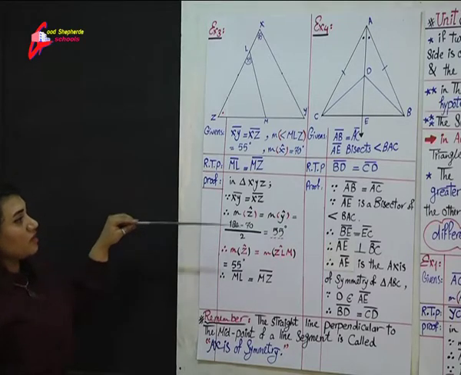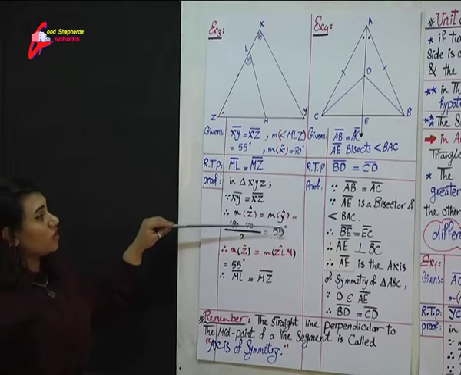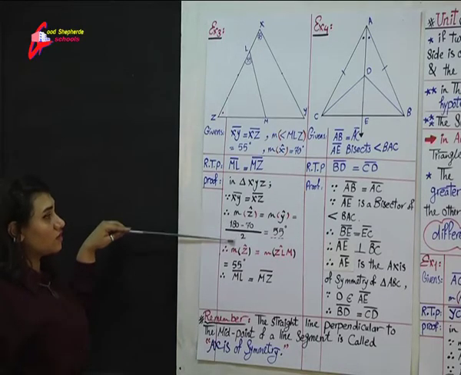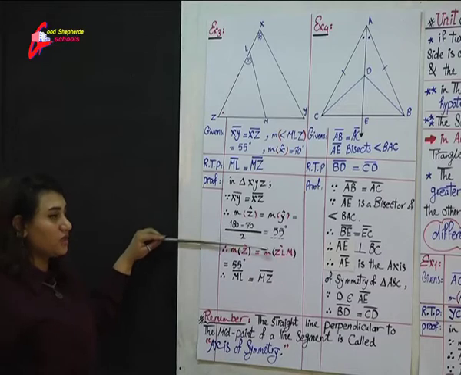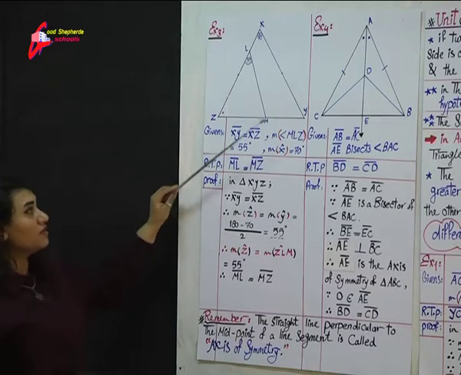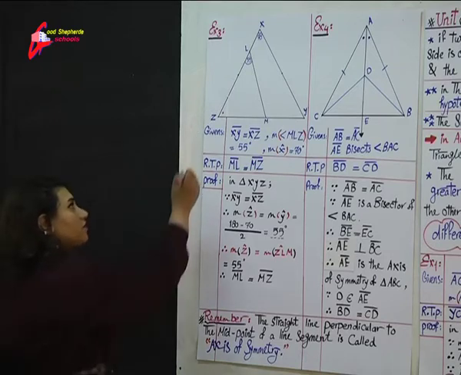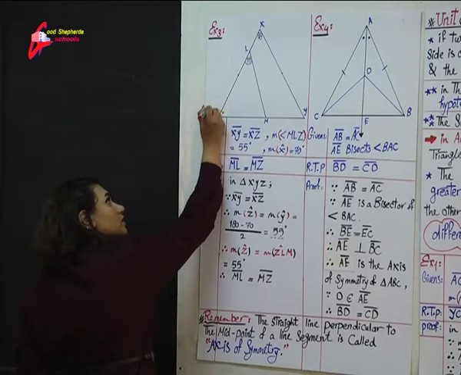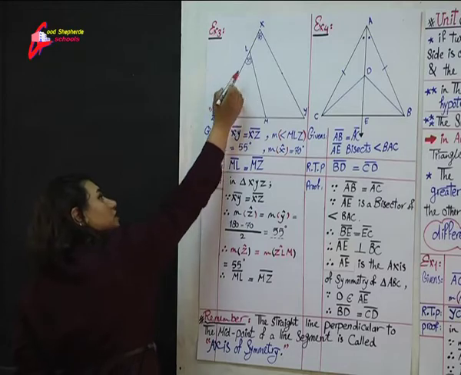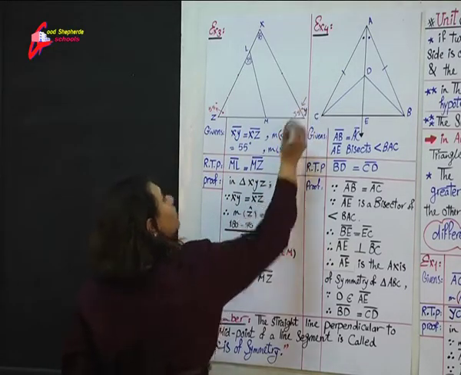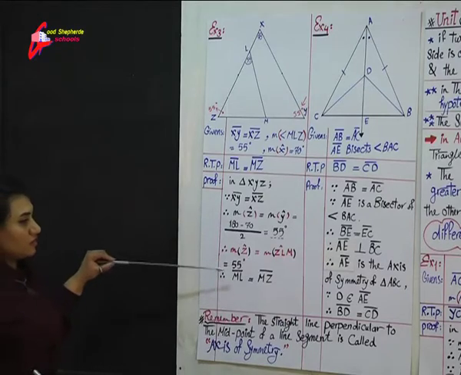Then the measure of angle Z and angle Y equals 180 minus the given angle 70, divided by 2. It will be 55. Then you find that this one is 55 and this one is 55, like we want. If this one is 55, it will be the same measure, 55 also.